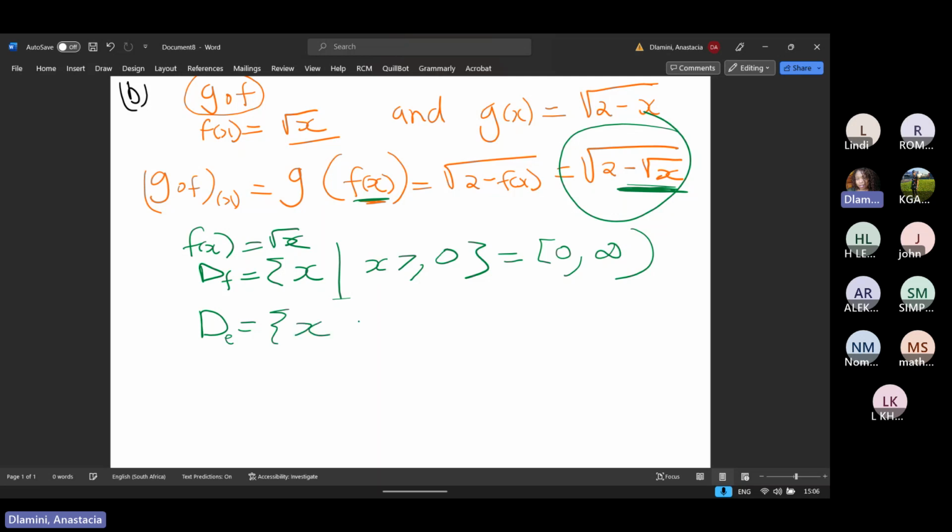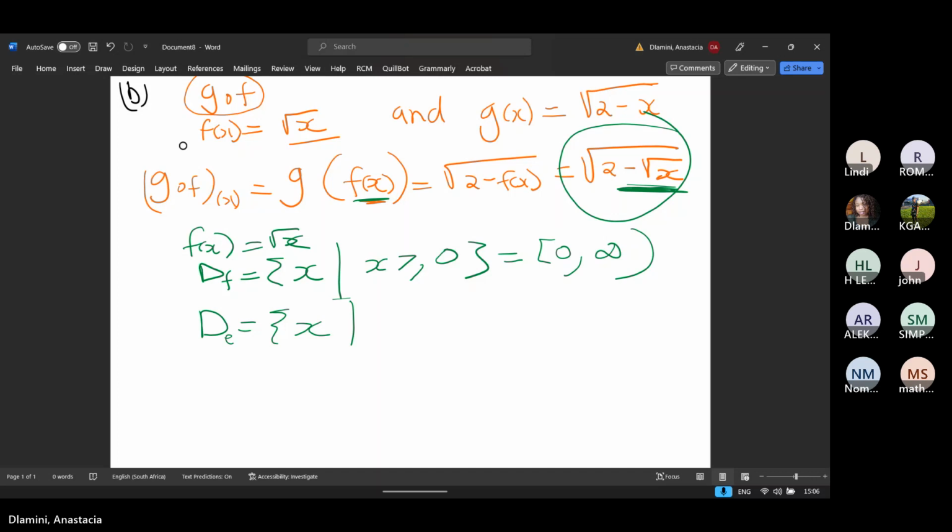X is an element of real numbers such that, please help me. We said we shouldn't confuse the two. Let's call it the domain of the expression of the composite function.